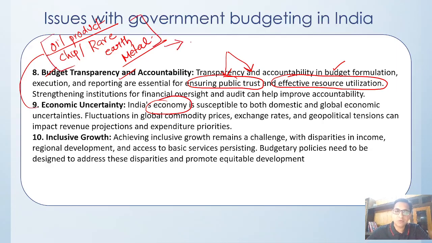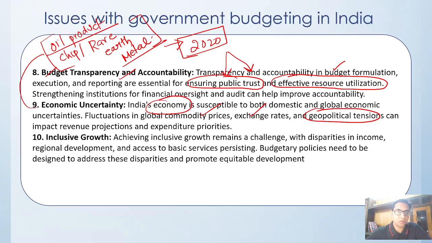We were able to see that when the 2020 COVID-19 pandemic came, there was a huge issue with the oil market, semiconductor market, and rare earth metal market. So the Indian economy is highly susceptible to global commodity prices, exchange rates, and geopolitical tension.